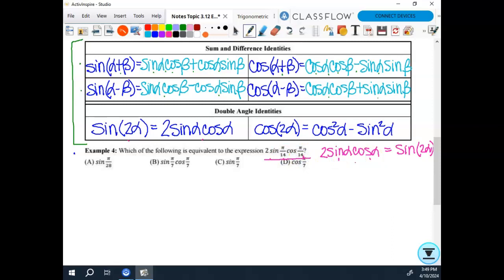So if this is equal to sine of 2 alpha, then this would be equal to the sine of 2 times pi 14ths. And then when I multiply that, that gives me the sine of pi 7ths, which is C.